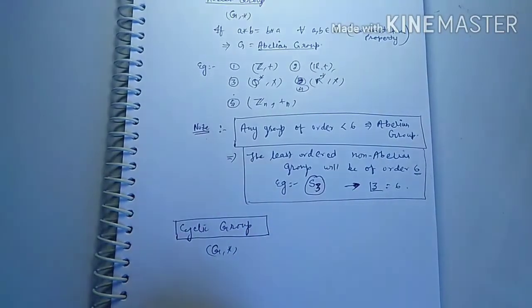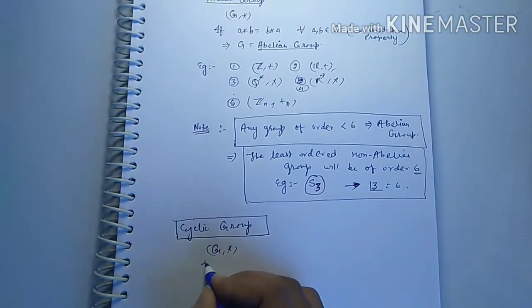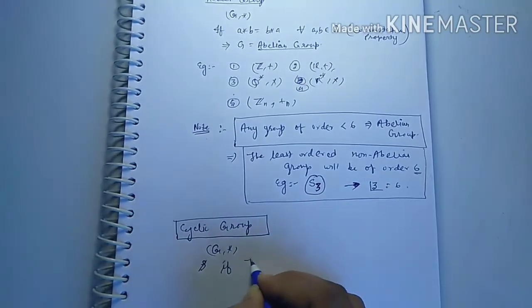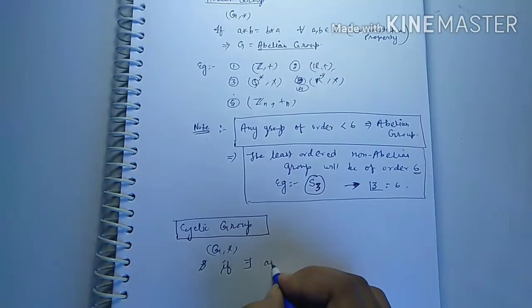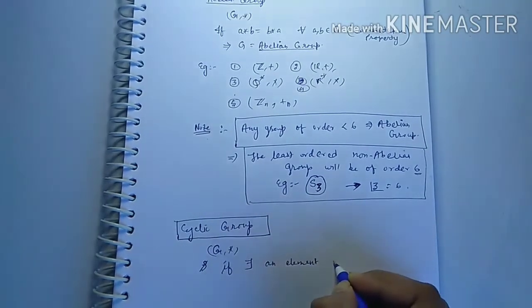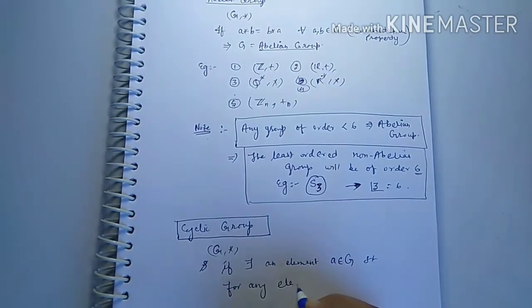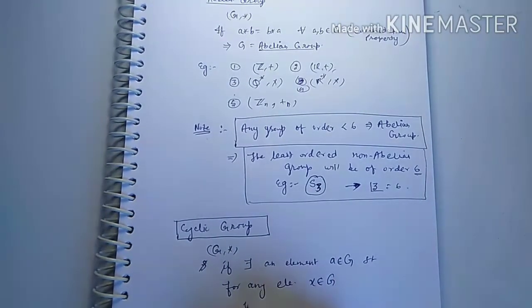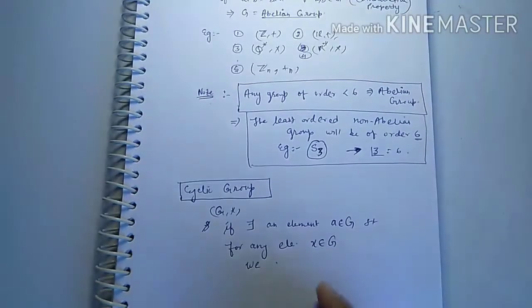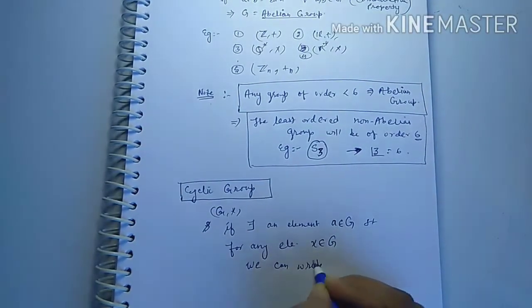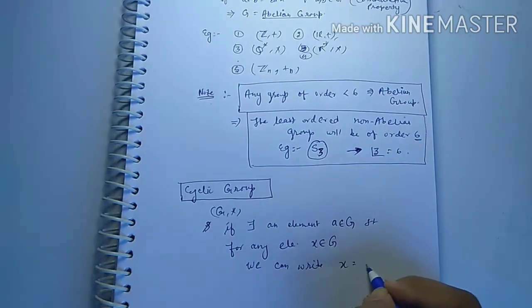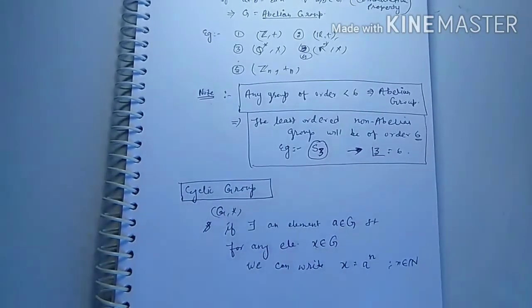Similarly, let (G, star) be any group, and if there exists an element, say A, from the group G, such that for any element X from the group G, we can write this element X as A raised to the power n, where n is any natural number.